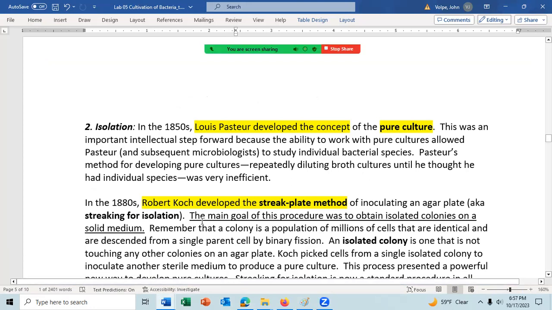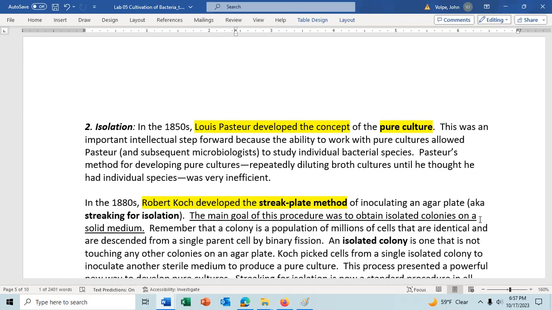And then if he took cells from one isolated colony and streaked it out on a second plate and got more isolated colonies, if he took cells from that second plate, those cells went through 2 colony formation events. And those cells have a greater than 95% chance that they are pure. And that's because he streaked it out 2 times on 2 different plates.